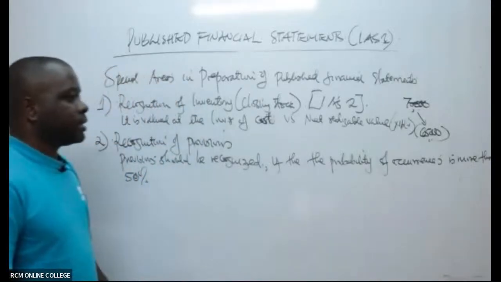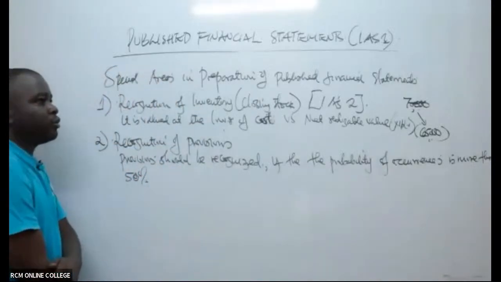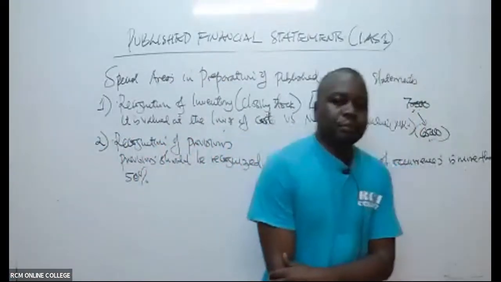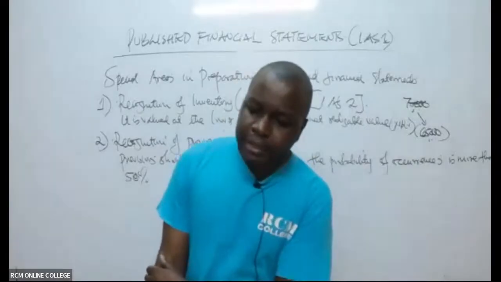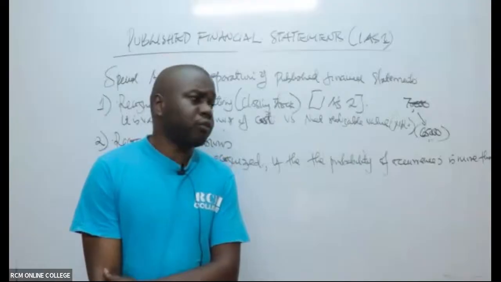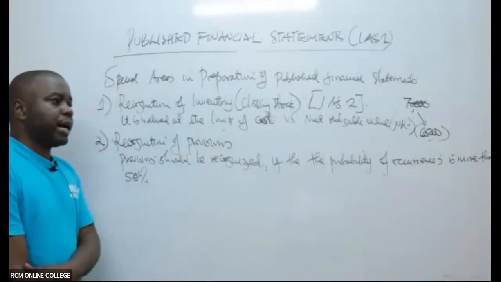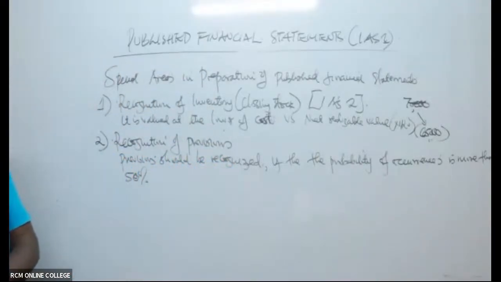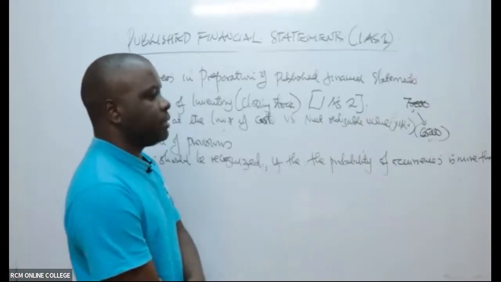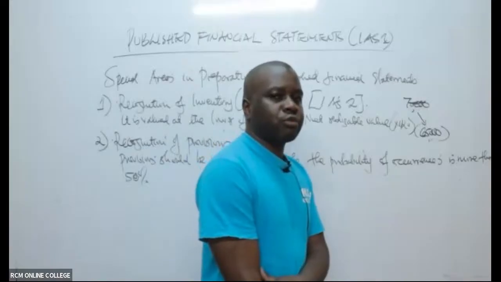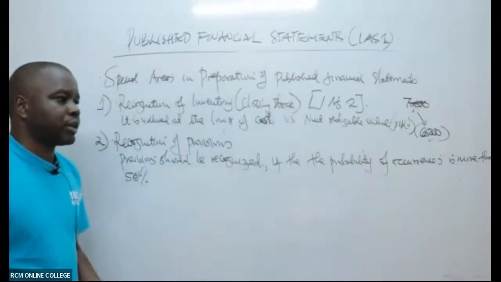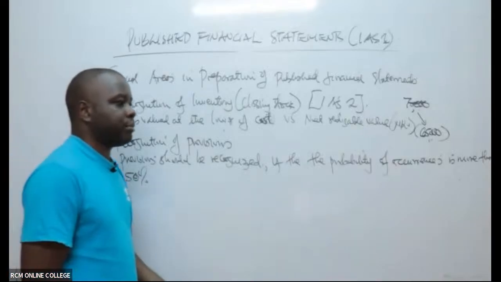Sometimes when you're preparing, for example, the income statement, you make a provision for bad debts, an allowance for bad debts. Or, for example, you are expecting there'll be an outflow as a result of certain issues surrounding maybe a company.